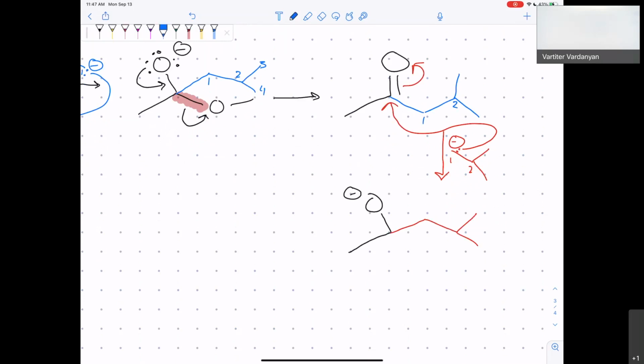Bam. Bam. No, it's ugly. Really resisting the urge to fix it. Okay, so now what can we do? We can protonate.